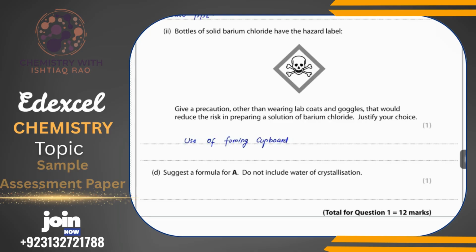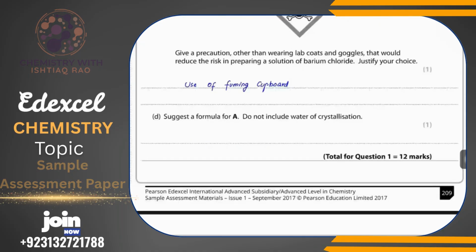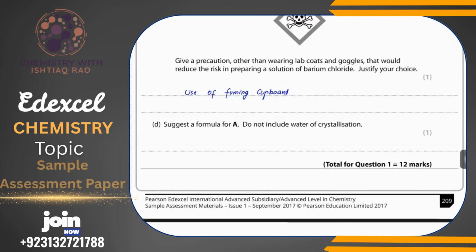The formula for A, the water of crystallization. Wait. A includes Fe2+. It includes SO4 2-. And what else? Ammonia, right? So we have sulfate as well.